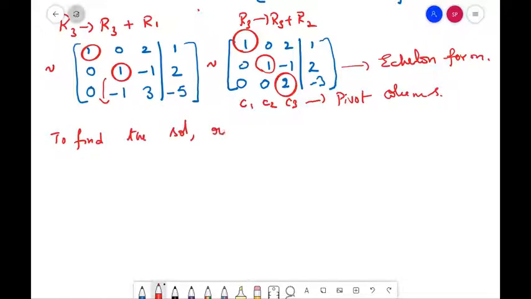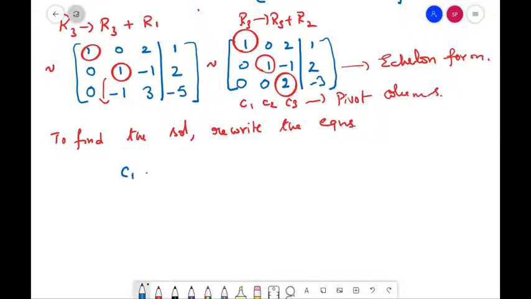rewrite the equations. If you have to determine LI or LD or linear combination, you will just mention what are basic variables, free variables, and then unique or infinite. But here you have to give the solution. So rewrite the equation. So what will you get here?